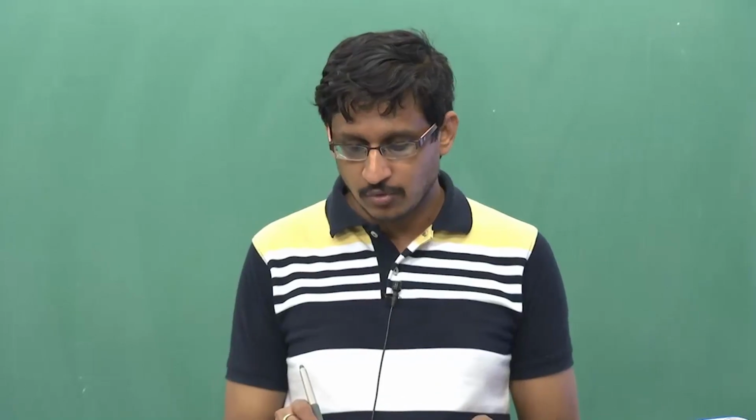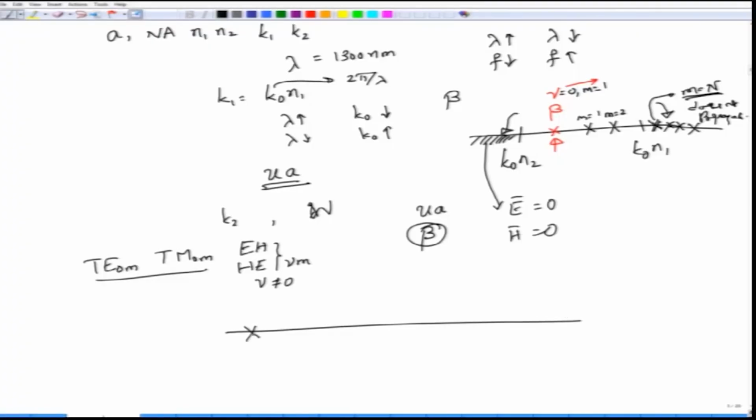By lowest order mode what we mean is that you start with k0n2 and k0n1 as the range of the values of beta for which the mode can propagate. The lowest order one is the one which starts off as soon as you start increasing certain values; the lowest order mode will be the one which has the largest value of k0n1.